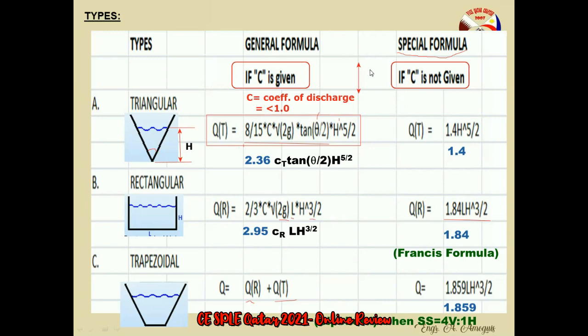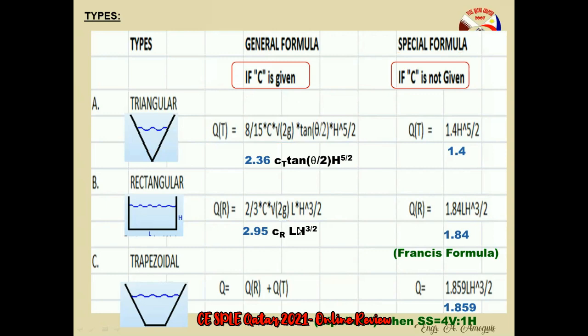But basically, sa application, hindi na kino-consider yung velocity of approach. Correction naman yun sa head, kung mabilis or mabagal. Pero ang pinaka-basic na equation lang ang gamitin.